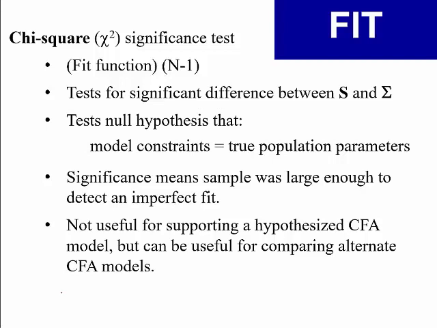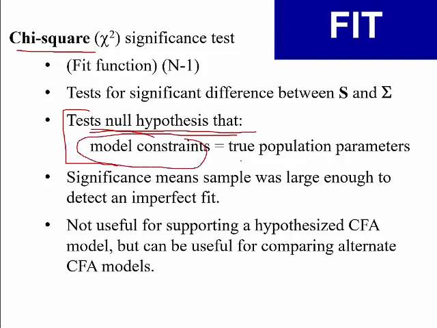So in this case, a significant chi-square means that the model has a bad fit, and a non-significant chi-square means that it has a good fit. Now, to be technically accurate, exactly what we're testing here is the null hypothesis. When we run a chi-square test, we're testing the null hypothesis that our model constraints are equal to the true population parameters.